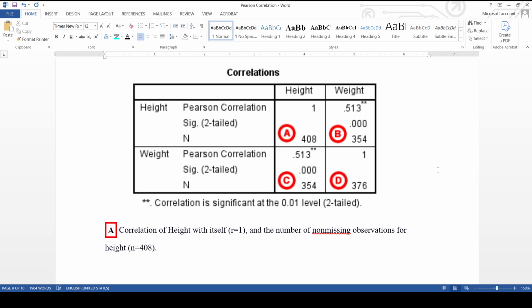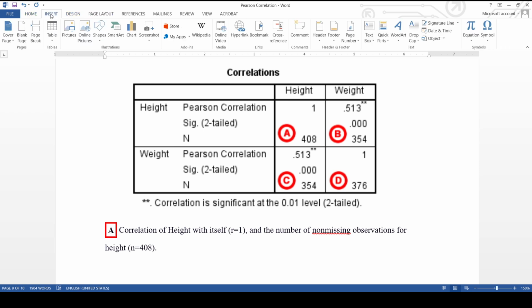That's why it's a perfect positive 1, because it's the same data. But correlating height with weight shows there is a significant positive relationship, 0.513.